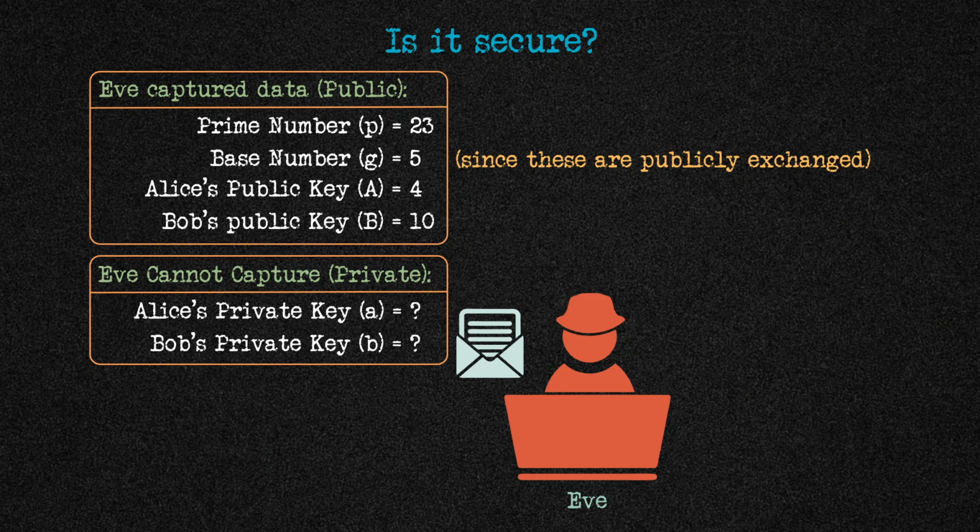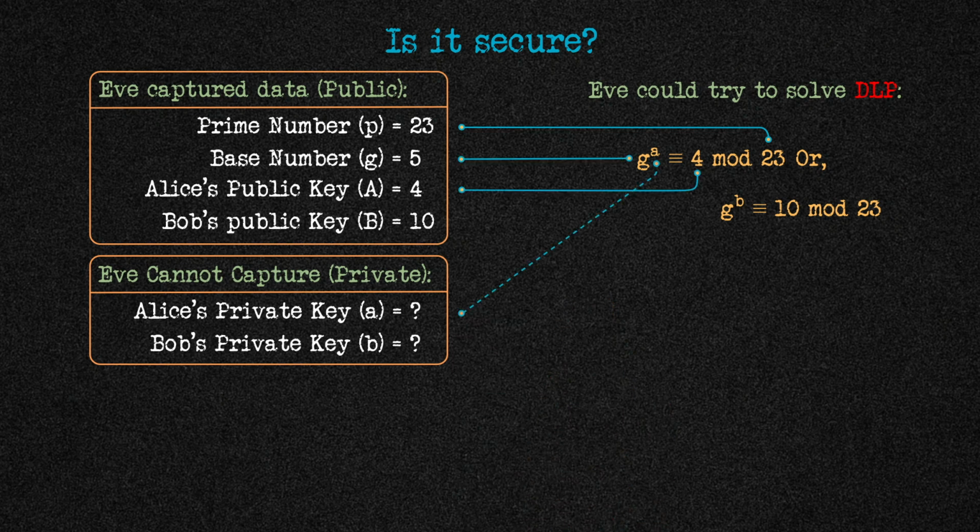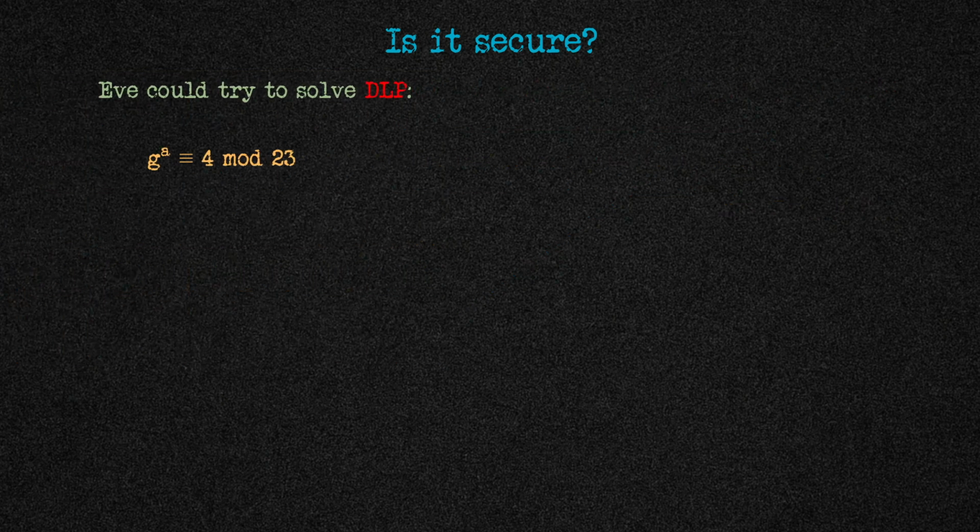To compute the shared secret, Eve must solve a computationally intractable problem, specifically, one of these discrete logarithm instances. In this example, we intentionally use a very small prime, for simplicity.